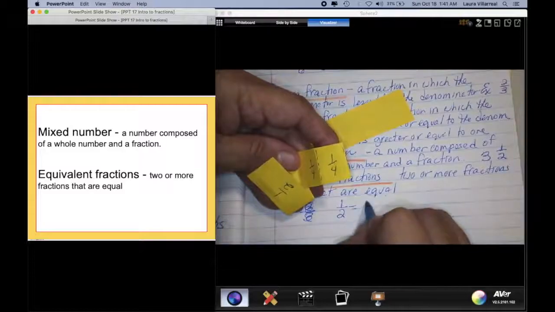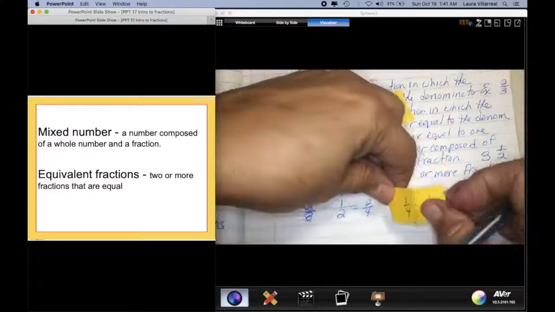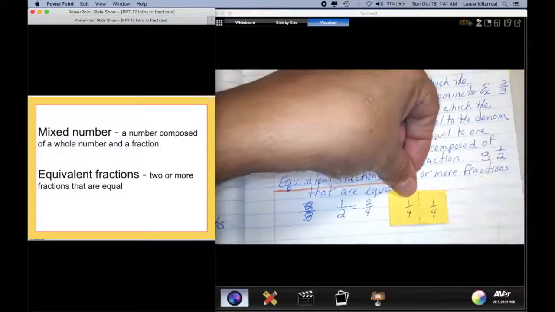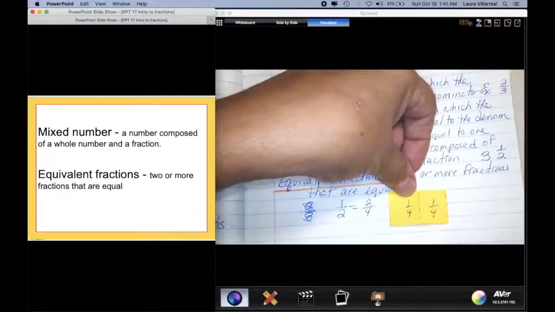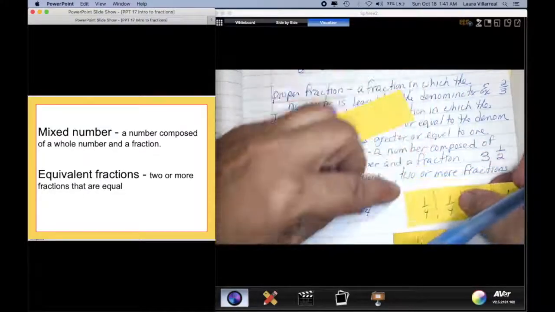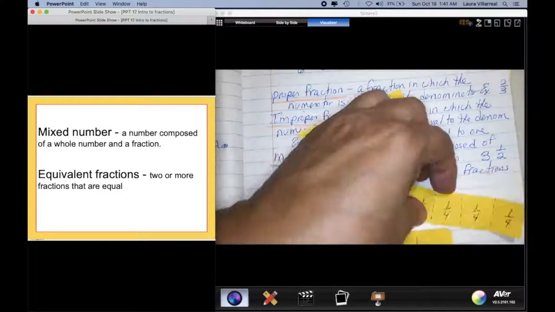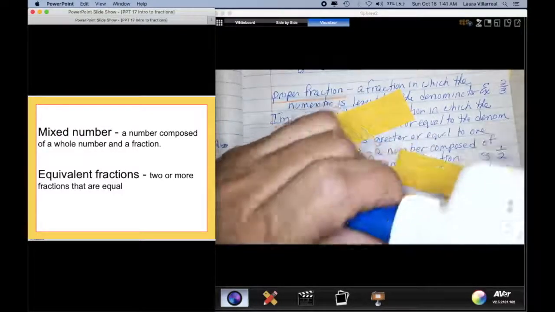1/2 is equal to 2/4. These are equivalent, and then I could show them my examples. Now, it might be a good idea here. I'm just going to glue part of it down.